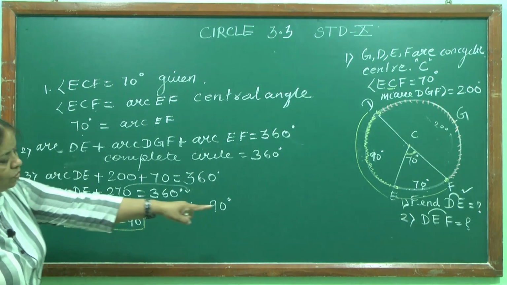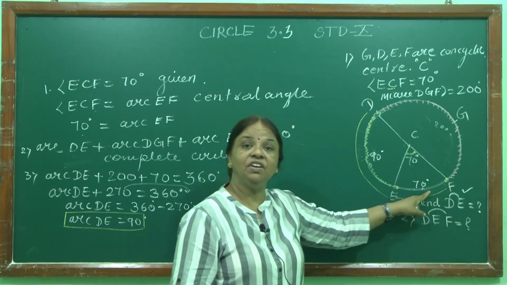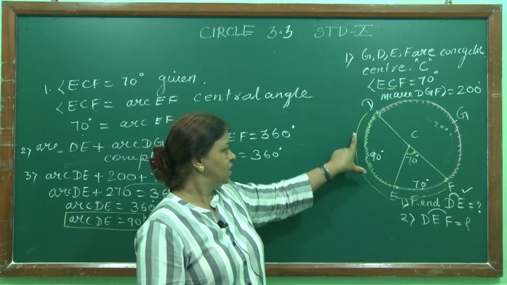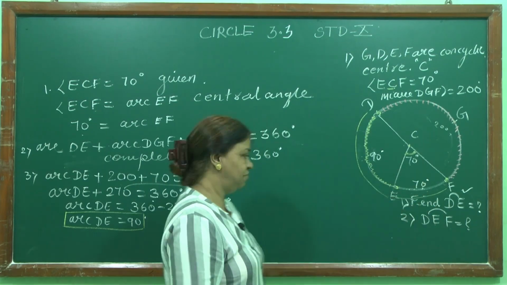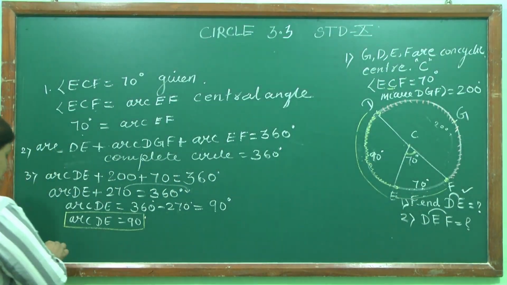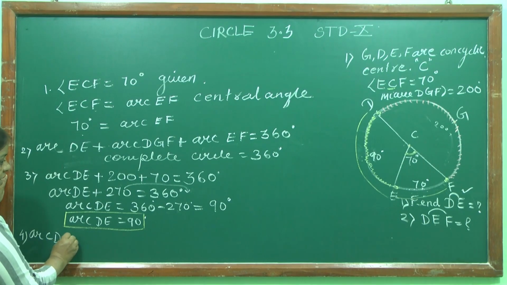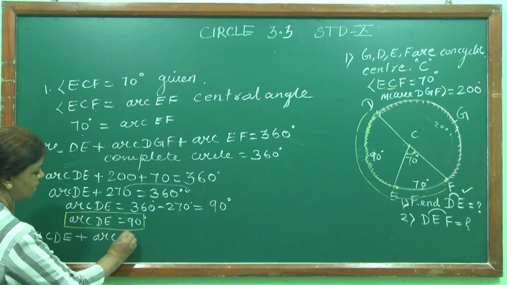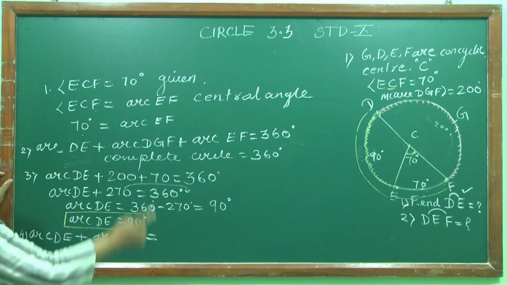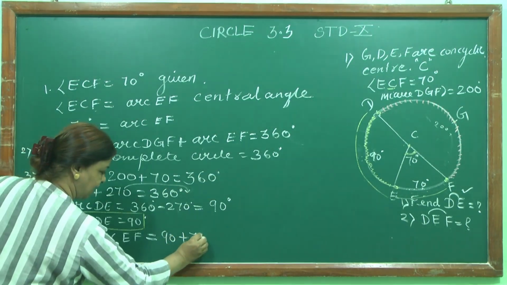Fine. Second thing we want to find out, DEF. Now here children we can use the arc addition property. This arc plus this arc, and we can find the major arc DEF. So, fourth point, arc DE plus arc EF. DE is 90 plus EF is 70.